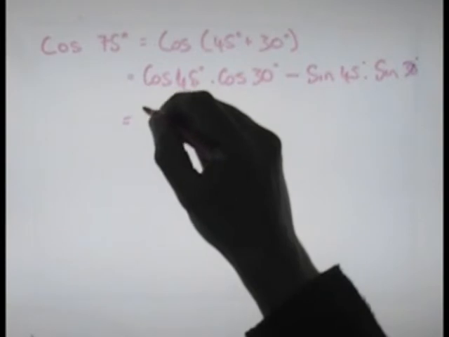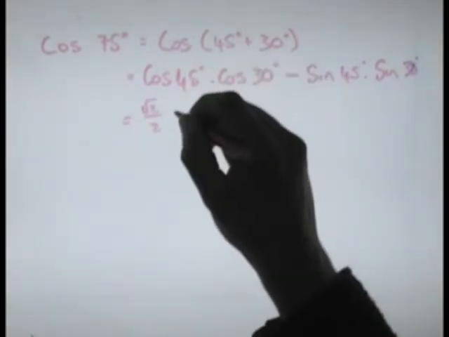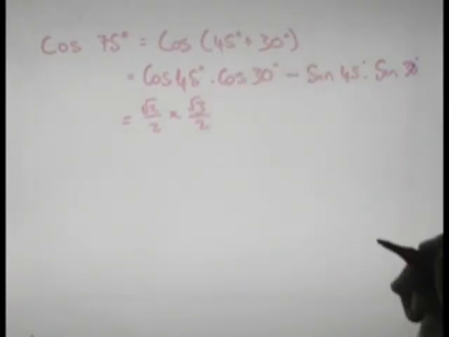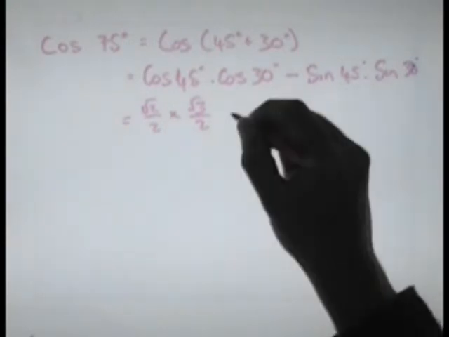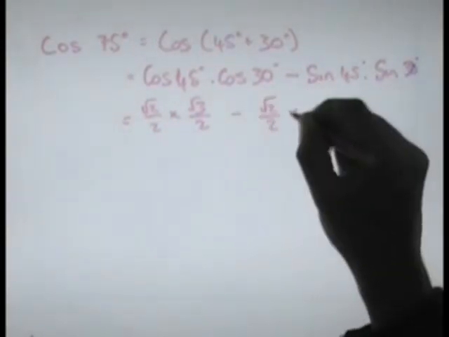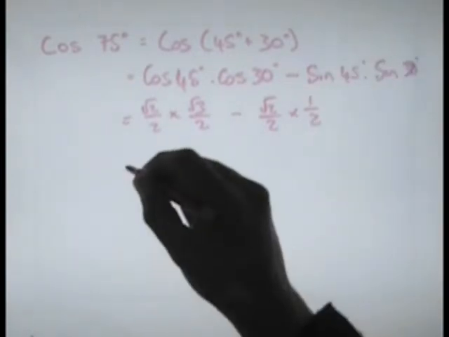That's going to equal cos 45 is root 2 over 2 multiplied by cos 30, which is root 3 over 2, minus sine 45 is root 2 over 2 times sine 30, which is 1 over 2.